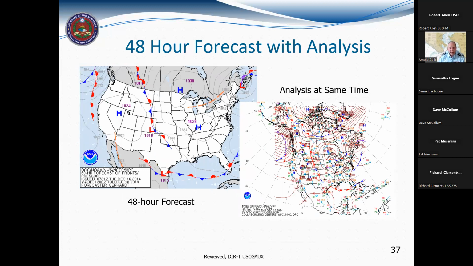Here we have now some more comparison between the forecast for 48 hours with the actual analysis at 48 hours on the right. Although because of the different scales, it's a little bit more difficult to compare them than what we saw on the previous slide. It's still reasonably good.